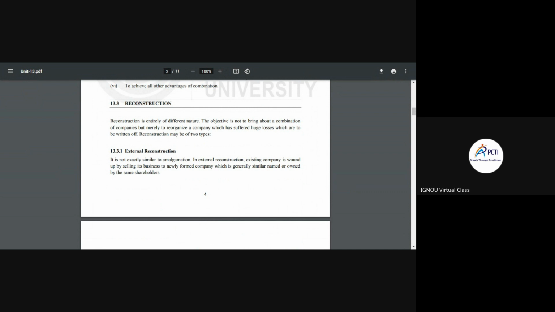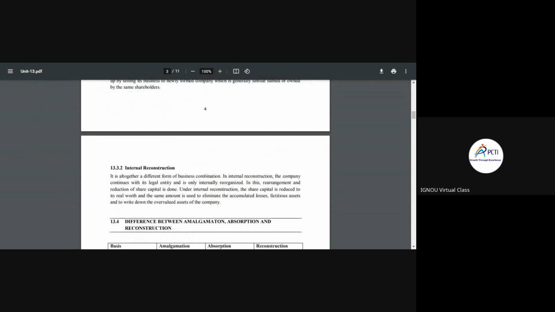First one is external reconstruction, and it is different from the amalgamation. In the case of external reconstruction, an existing company is wound up by selling its business to a newly formed company which is generally similarly named or owned by the same shareholders. That will be known as external reconstruction.